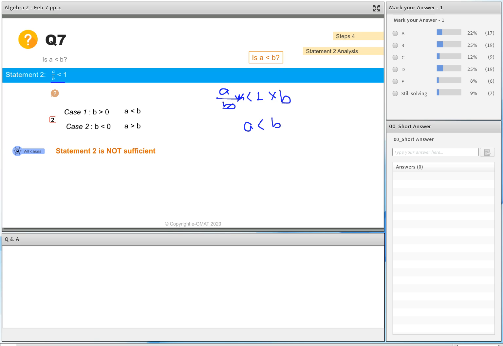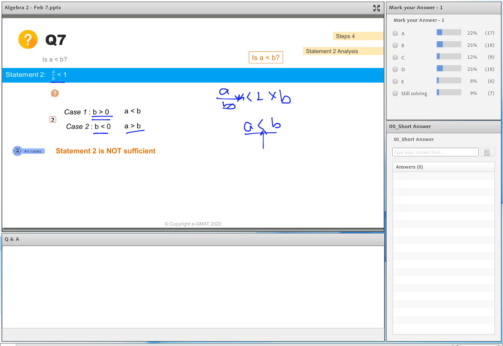But what about b being positive or negative? So if b is a positive number, then a is less than b. The sign of the inequality won't change. But if b is a negative number, the sign of the inequality would change. Now a is not less than b, a would become greater than b, right?